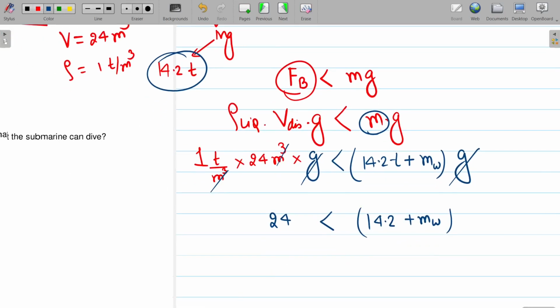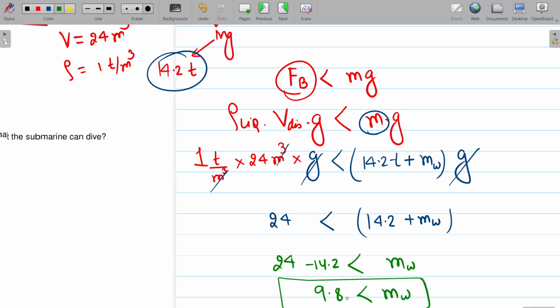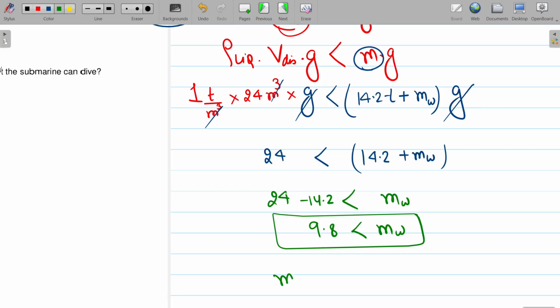So for mw, it should be 24 minus 14.2. mw should be greater than this. If you do 24 minus 14.2, you will get 9.8. It means mw should be greater than 9.8 tons, right?